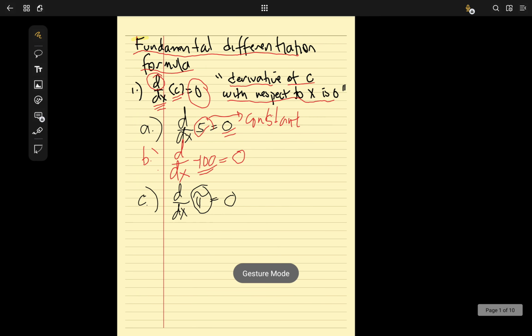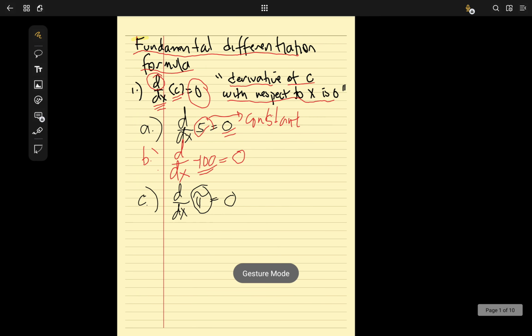Another example, letter C. For example, the derivative of 2 times (7x plus 1) raised to 4. The difference from letter B is that there is another constant outside, the 2.